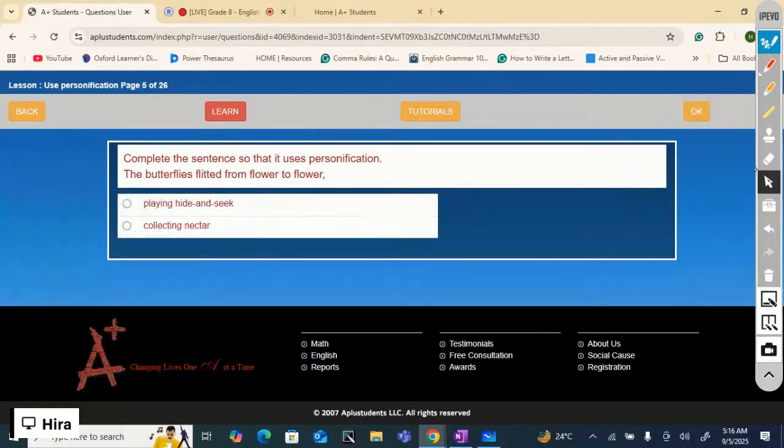"The butterflies flitted from flower to flower, playing hide and seek" or "collecting nectar." Which one is the correct answer? Complete the sentence so that it uses personification.